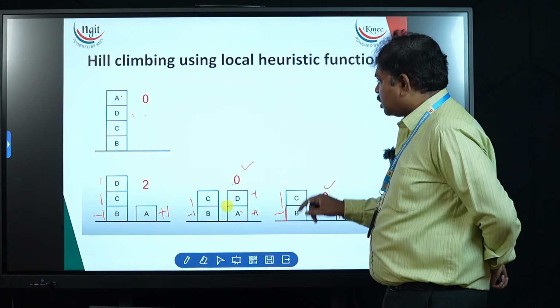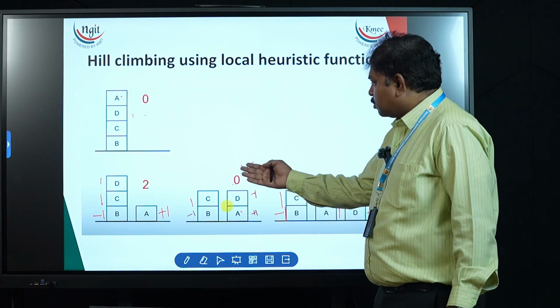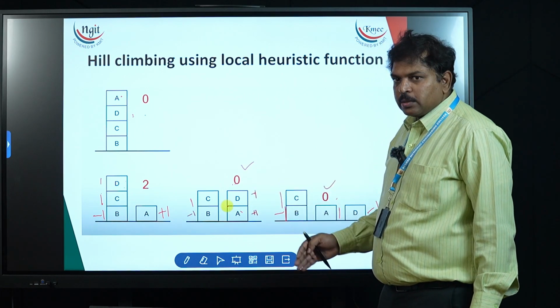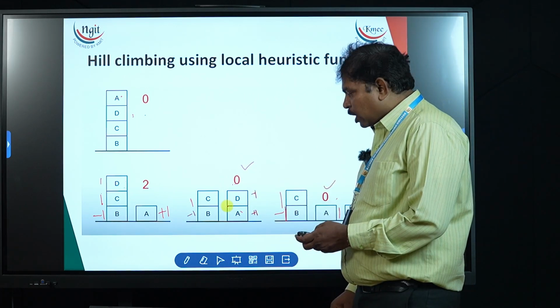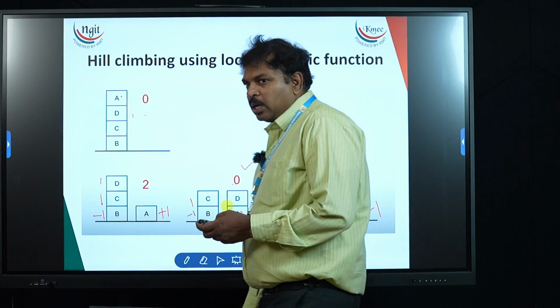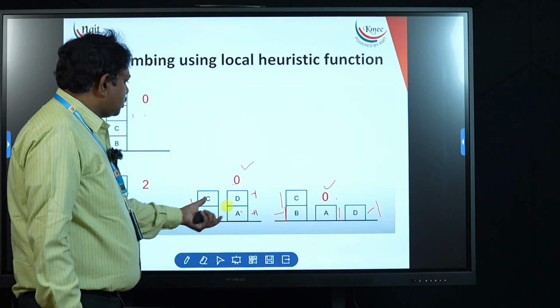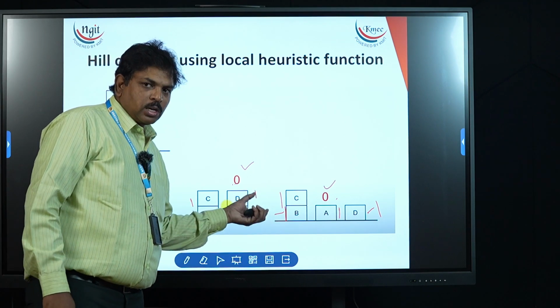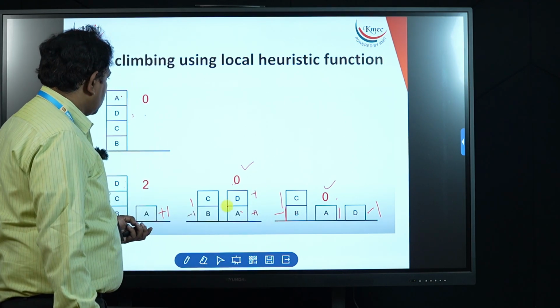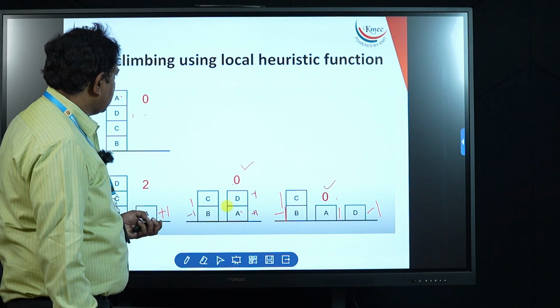So this is nothing but blindly trying all possible ways. Here 0 means I achieved a local maximum problem in hill climbing, where from this state you get confusion about which state I should go to, the direction of solving the problem.